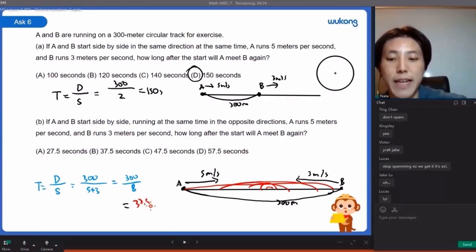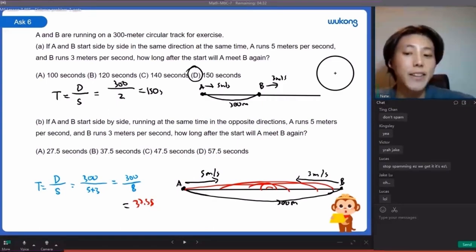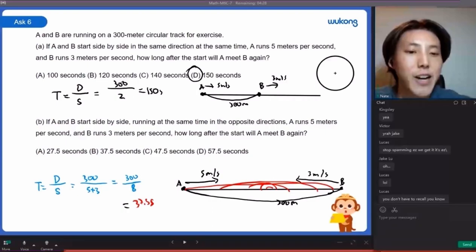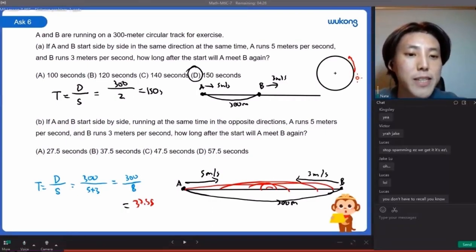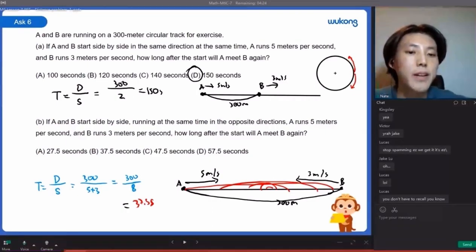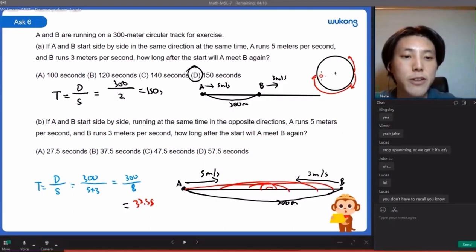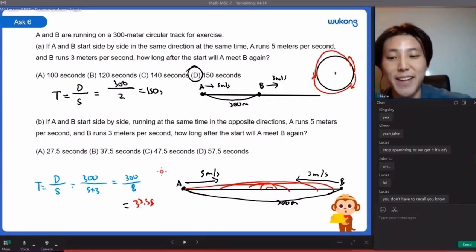So in 37.5 seconds, they're going to encounter each other. If one of them started this way and another started that way, after 37.5 seconds they're going to come across each other over here. Like that. So there we go, it's going to be B.